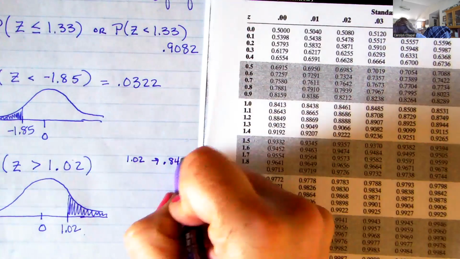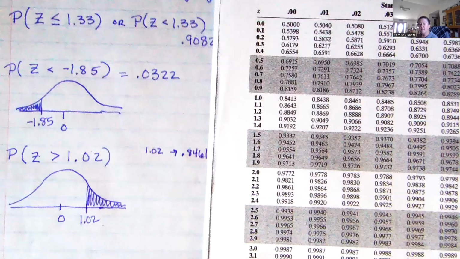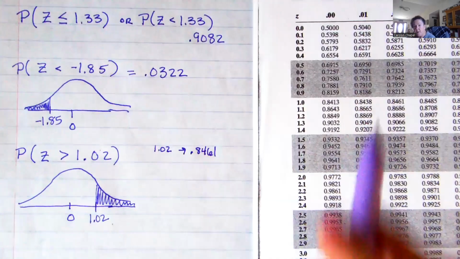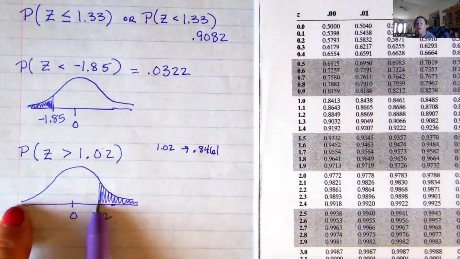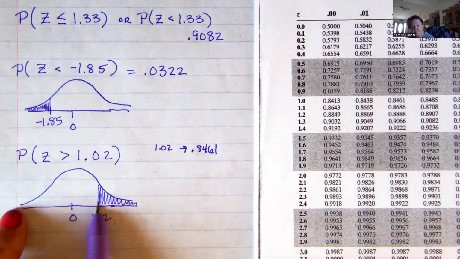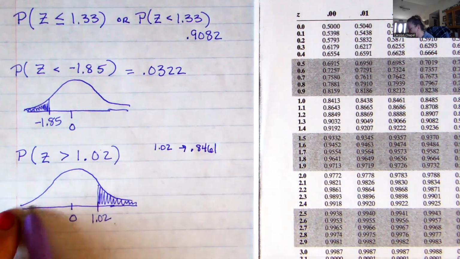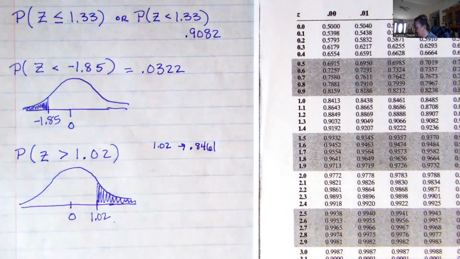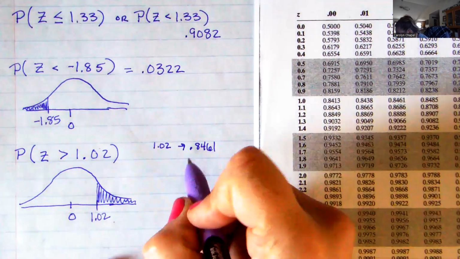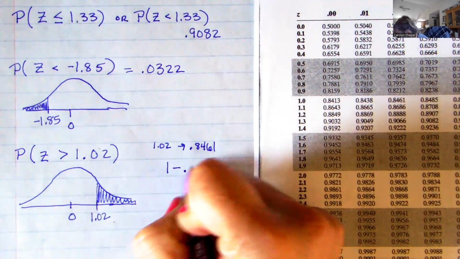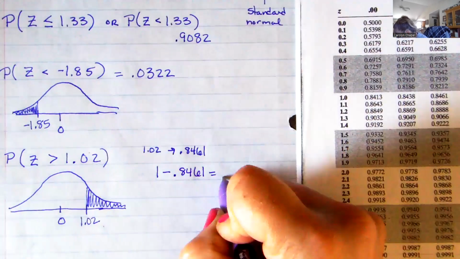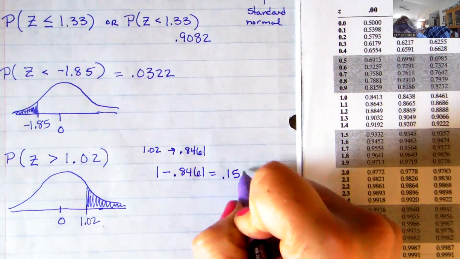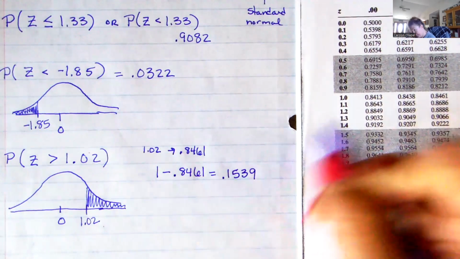But now, remembering that this gives me the area from that point down, that gives me this part here. This is where we can use the idea that the total area under the curve is equal to 1. So I can subtract and come up with 0.1539.